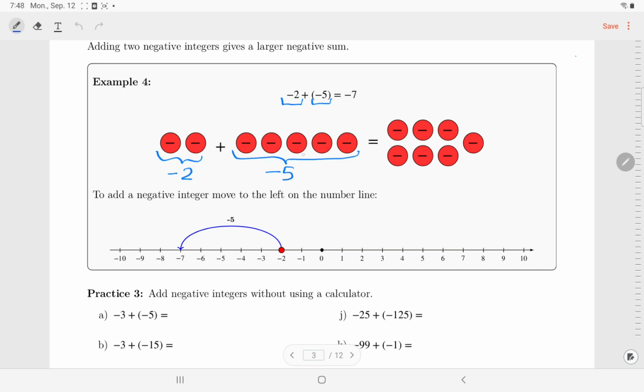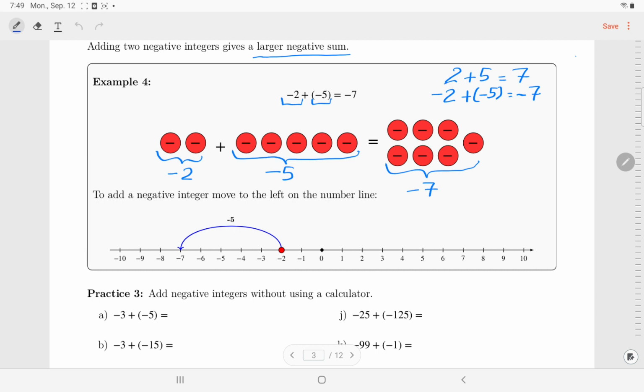We see that altogether we have negative 7. So adding two negative integers gives a larger negative sum. So just like 2 plus 5 gives us 7, negative 2 plus negative 5 gives negative 7.